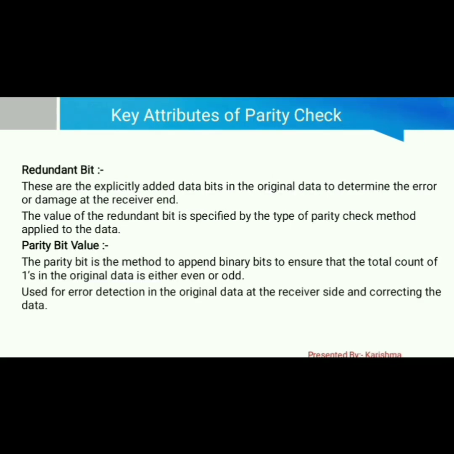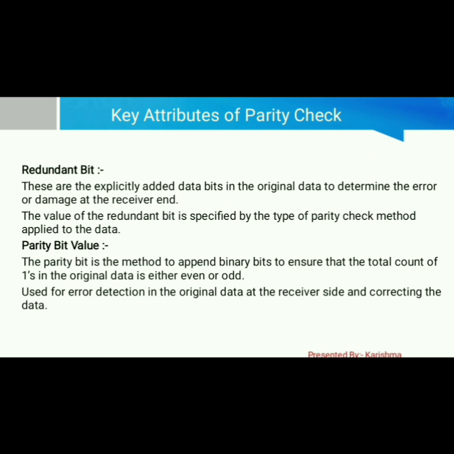Parity check key attributes: there are two types. One is the redundant bit and the other is the parity bit value. First, redundant bits are extra bits added to the original data to determine error or damage at the receiver end.